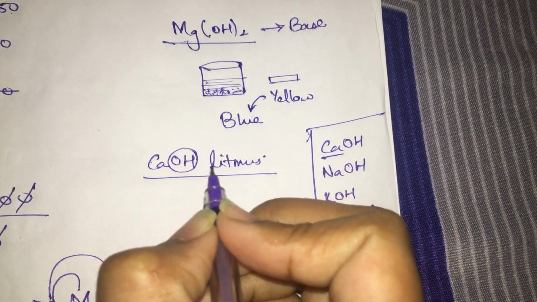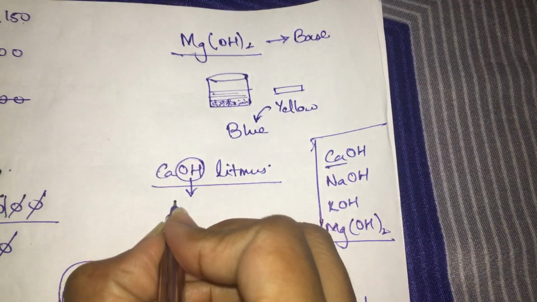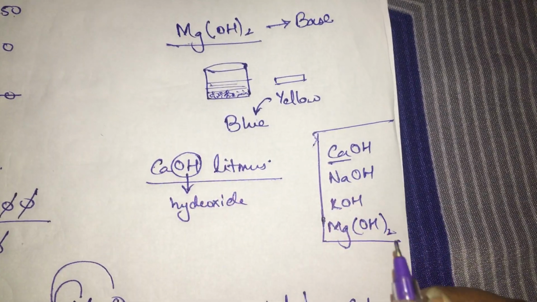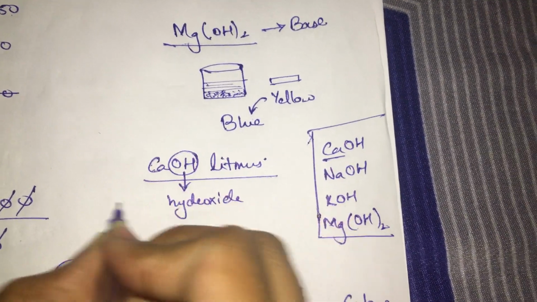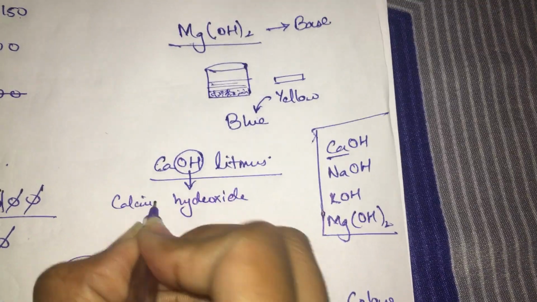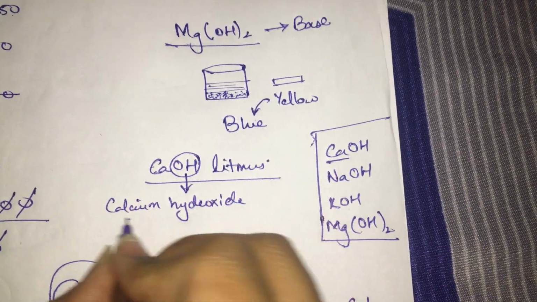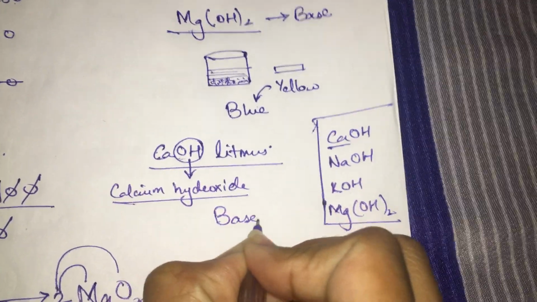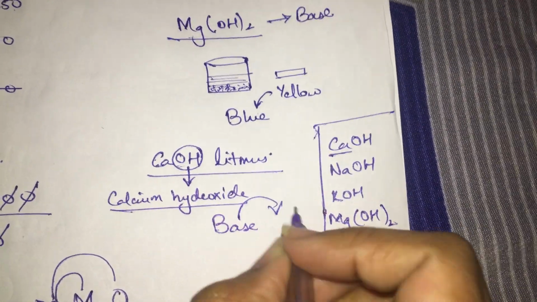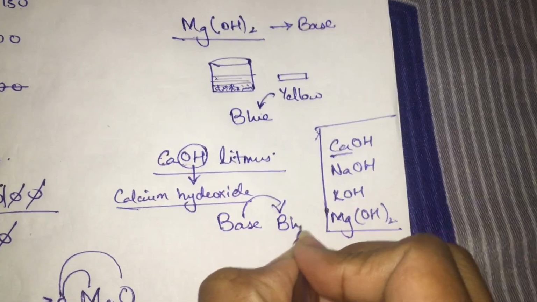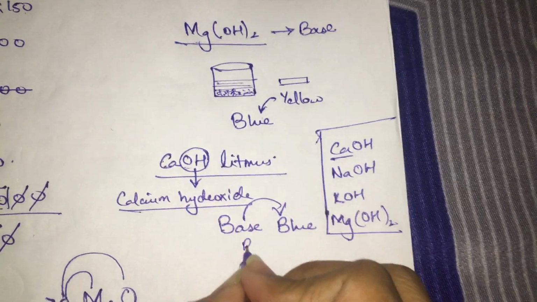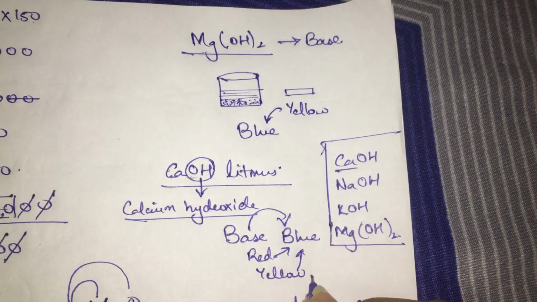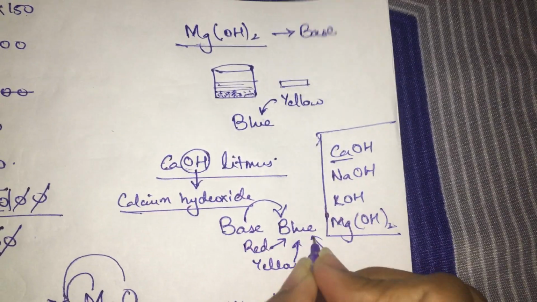OH, oxygen and hydrogen together, is called hydroxide. This is calcium, so it becomes calcium hydroxide. When this hydroxide term comes, it is a base. And if it is a base, the base will turn any litmus paper into blue color. If it is a red paper, it turns to blue. Yellow paper turns to blue. Blue paper will remain blue only.